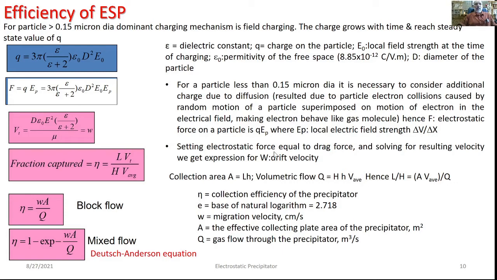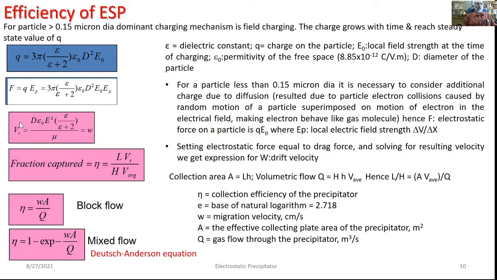So as we set this electrostatic force equal to the drag force, which was worked out while devising the Stokes expression and was given as Fd is equal to 3 pi mu dV, and as we solve for the resulting velocity, which is Vt, we get the expression for this particular drift velocity.